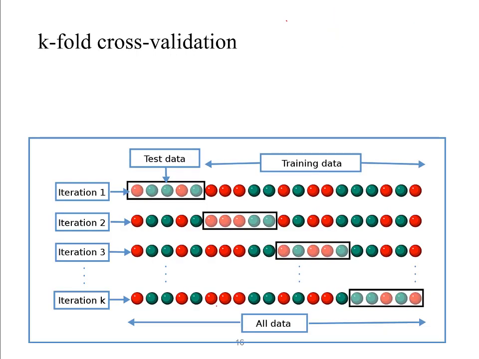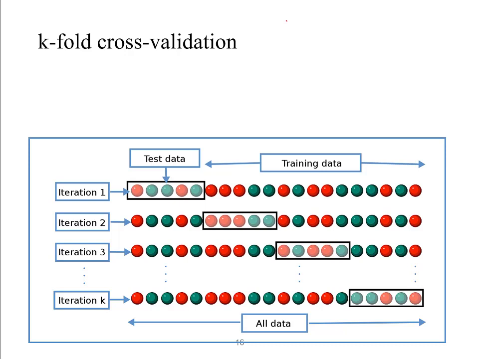The idea of k-fold cross-validation is simple. These are the total data, or the data set. We divide the data set into k partitions that do not intersect with each other.